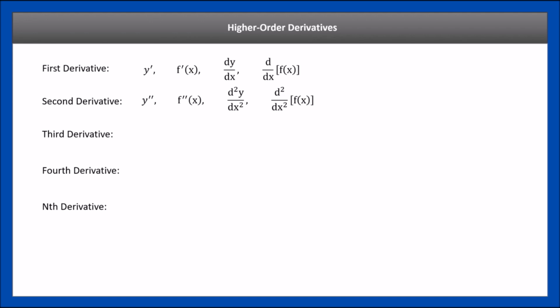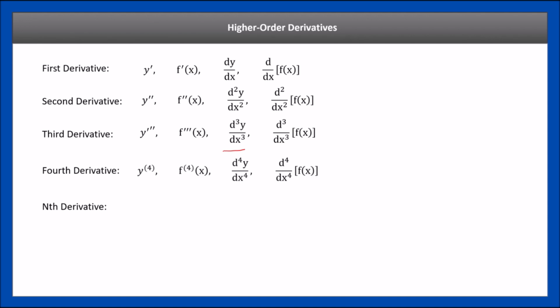It kind of alternates. The third derivative is y triple prime, with 3 apostrophe symbols, or d3y over dx to the third. This is read as the third derivative of y with respect to x. And then you have the fourth derivative.